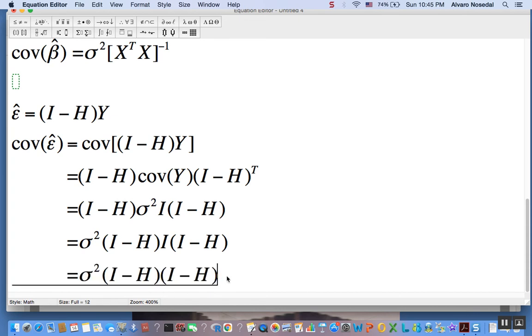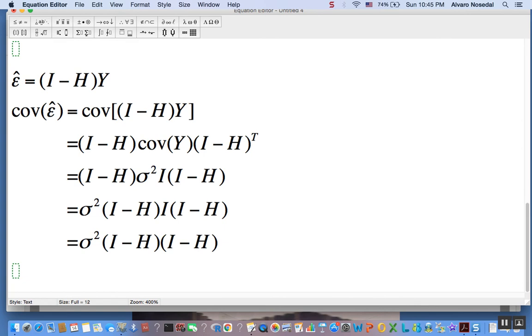But we also showed that I minus H is idempotent, right? Remember? So I minus H times I minus H is I minus H, right?